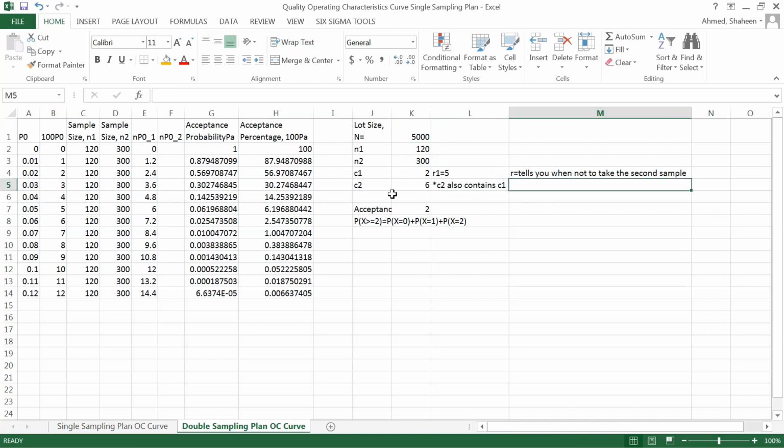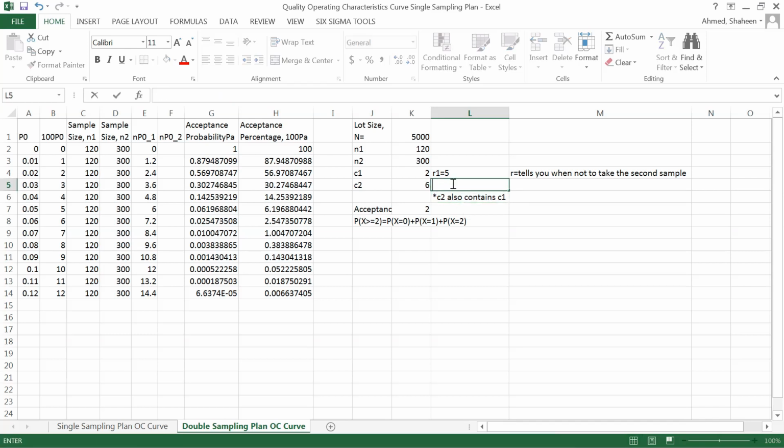Same thing you have for R2, which is kind of redundant. It is basically C2 plus 1, so you may not need R2. However, in case you go for third sampling, fourth sampling, fifth sampling, then R2 is significant.